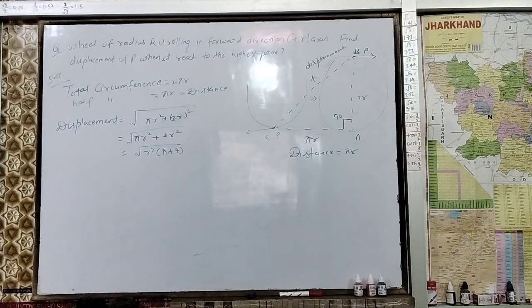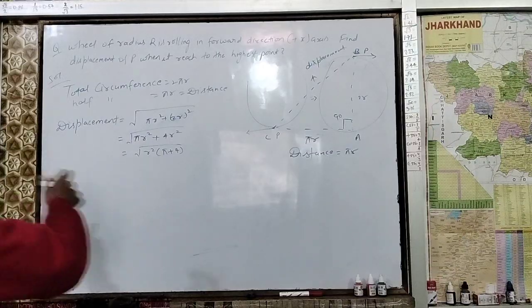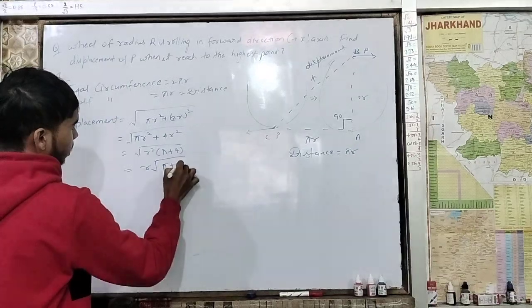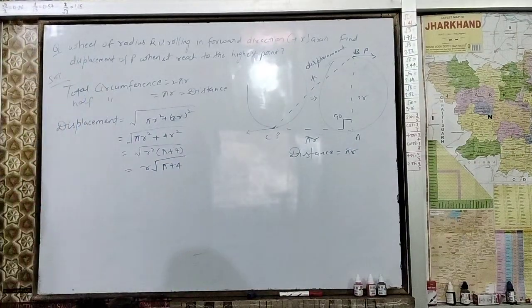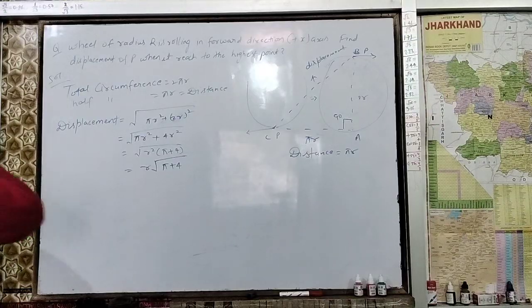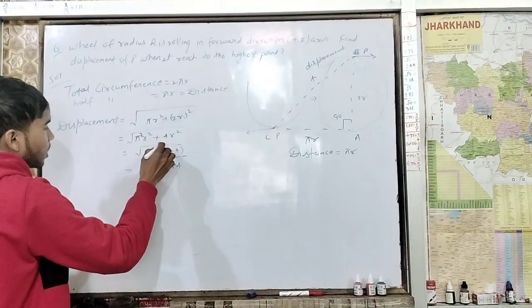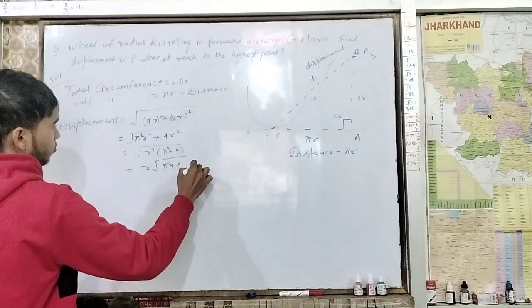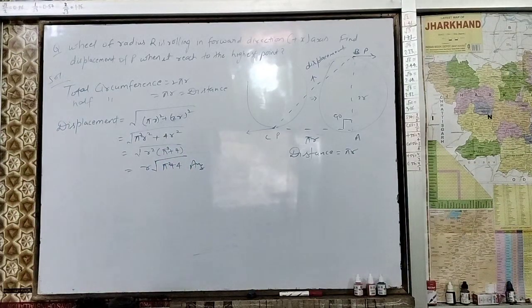R square was common, so r will come out over here. Then finally our answer is pi plus 4. But remember, this will be our pi r square. Finally, this is our displacement.